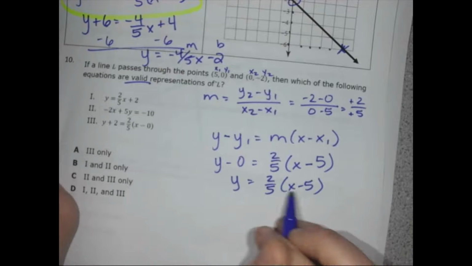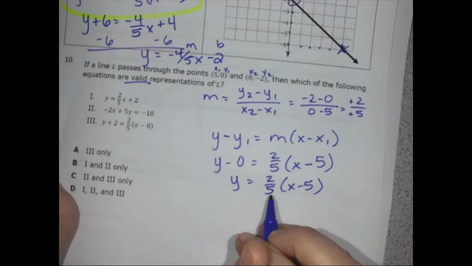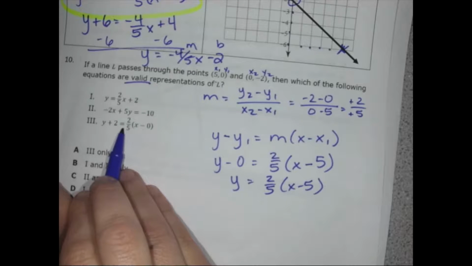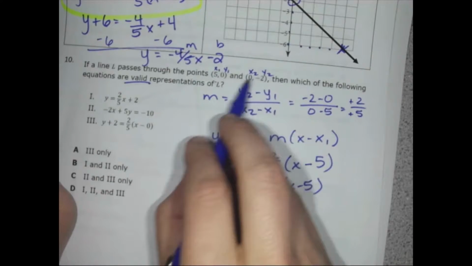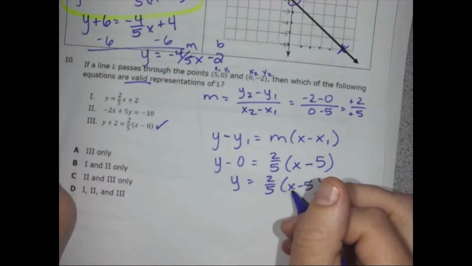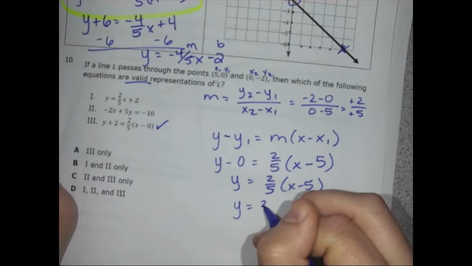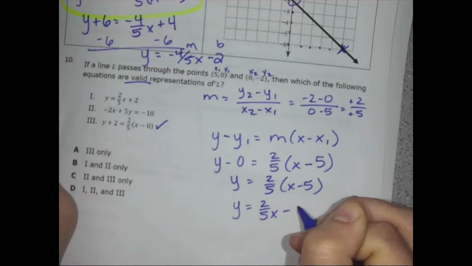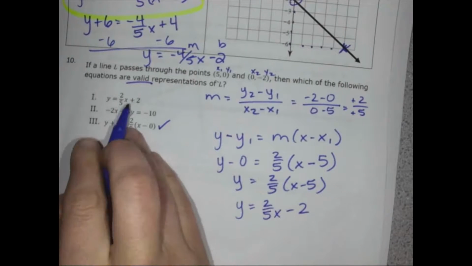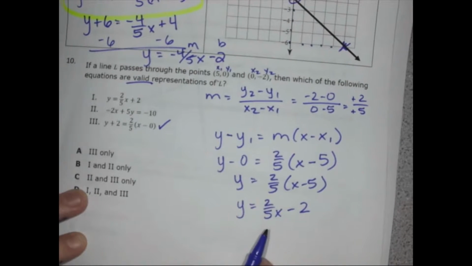When I look at this right here, I see that it did not match this one. But if I used another point, that would be a possibility. When I simplify this down, I get y equals 2/5 x minus 2. I distributed. That's a +2, so that does not work.